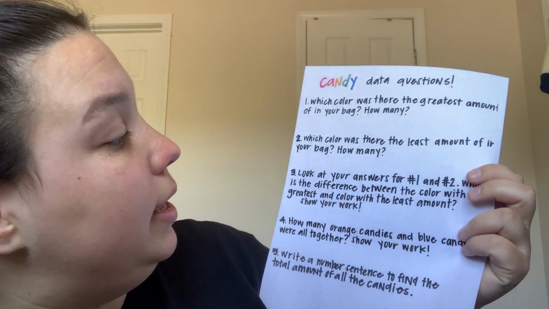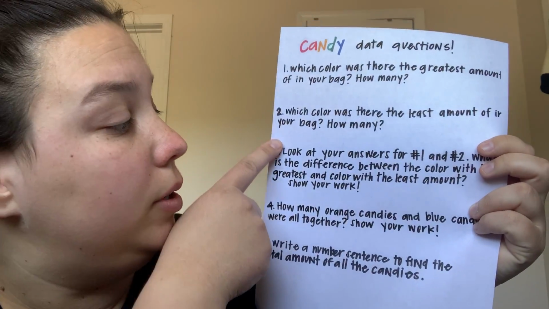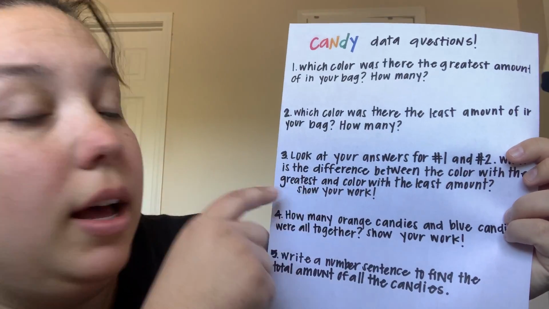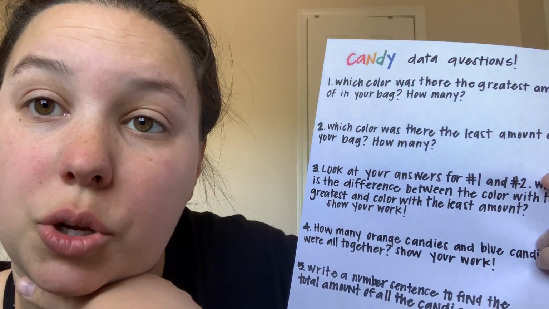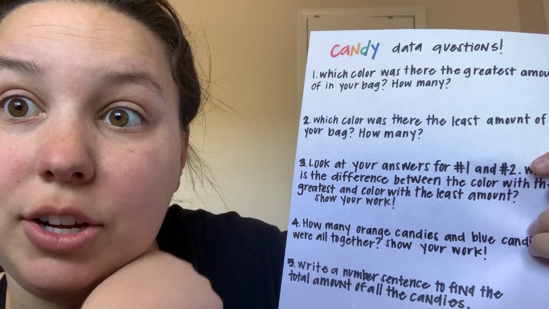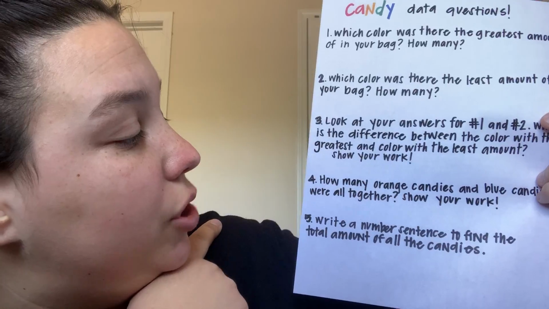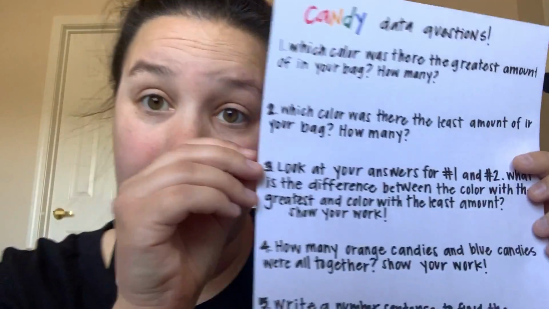The third one is to look at your answers from problem 1 and 2 and show me the difference between the colors of what you had from great to least. So you'll have to figure out what operation we're doing, whether you're adding, subtracting, multiplying. Your fourth question is how many orange candies and blue candies were there all together?